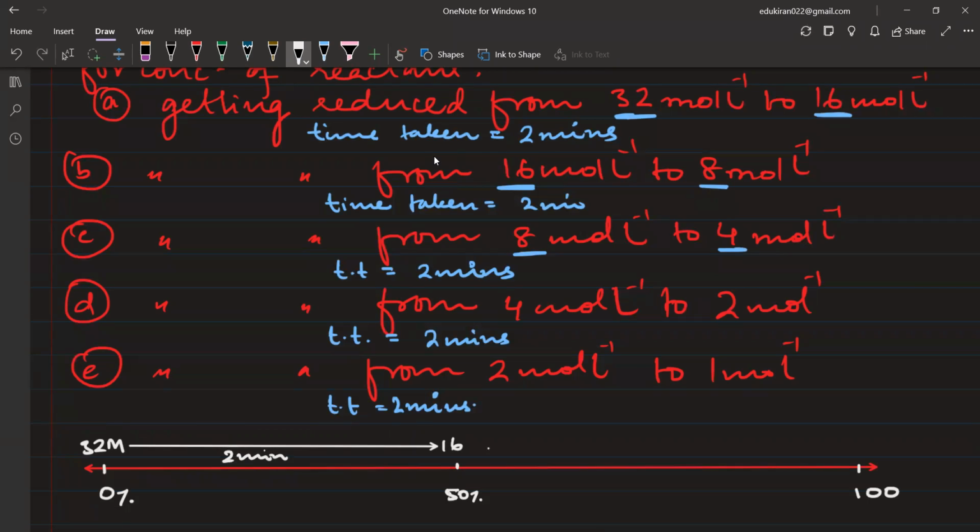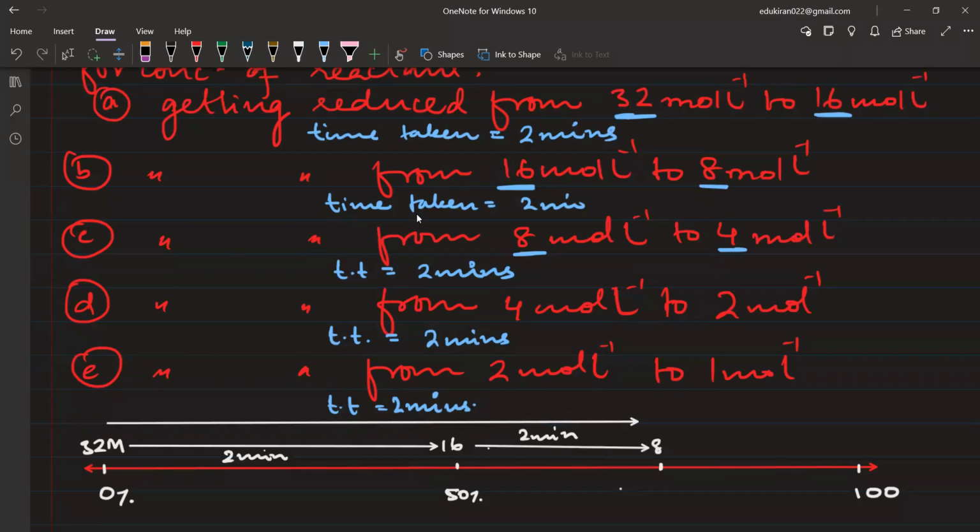Now from 16, what will be the half? 8. Correct. This will take how much again? 2 minutes. That means if I go from 32 to 8, it will take how much? 4 minutes.